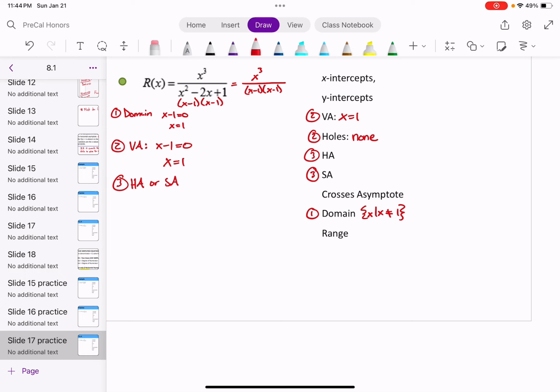Remember, you can either have horizontal or slant. The fact that we are telling that we're going to have a slant asymptote means that our horizontal asymptote is going to be none. Now, how do we work with our slant asymptote? In order to do the slant asymptote, this will have to be done using long division.